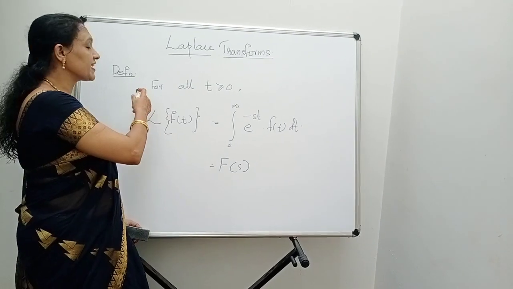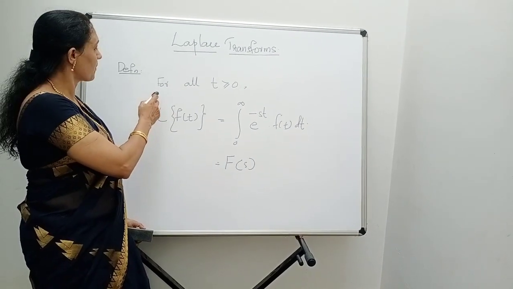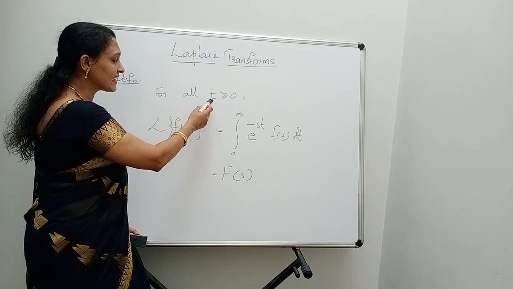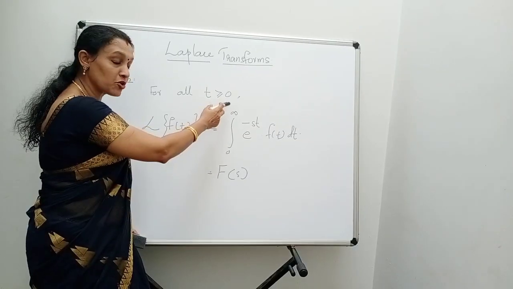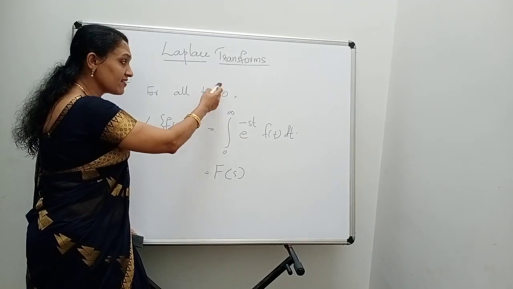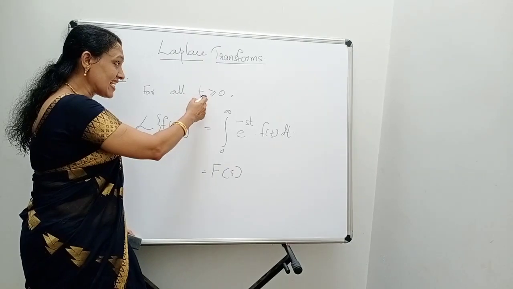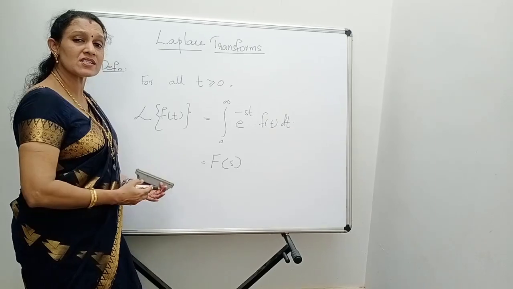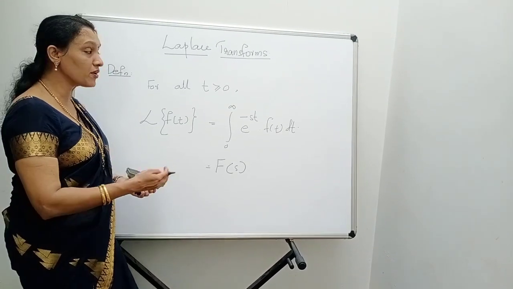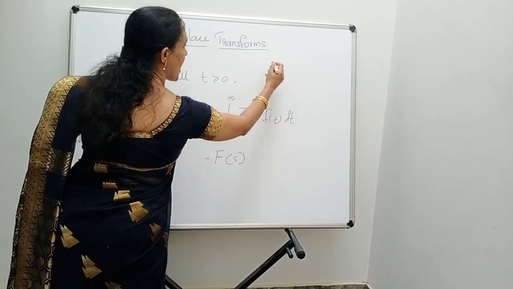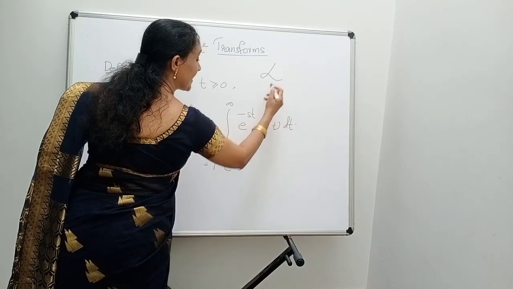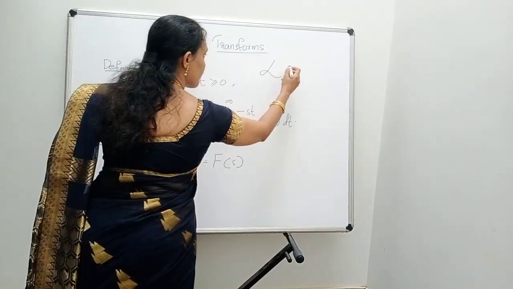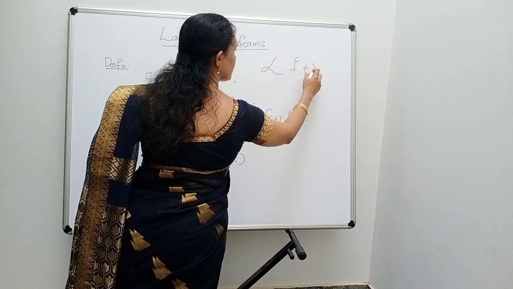Now let us take the definition of Laplace transform. For all t greater than or equal to 0, we are taking the variable as t greater than or equal to 0, the Laplace transform is denoted by a big L, f of t.